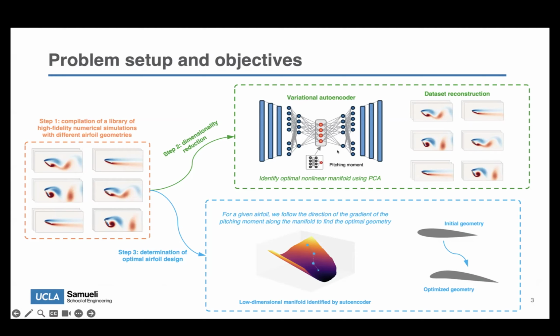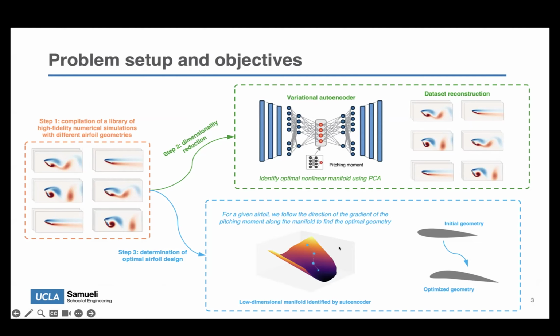The way we do this is by trying to reconstruct this library that we generated at first. But essentially, once we determine the variables in this latent space, what we obtain is a manifold, a nonlinear submanifold that we can use for step 3.